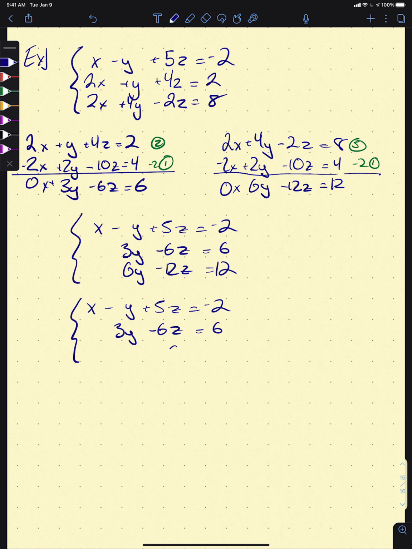And you're more than welcome to go through the details. I definitely encourage it, right? Show this, like multiply this guy by negative 2 and try adding it to this guy, right? You're going to get 0 equals 0. But this is a true statement, but it provides virtually no useful information, right?